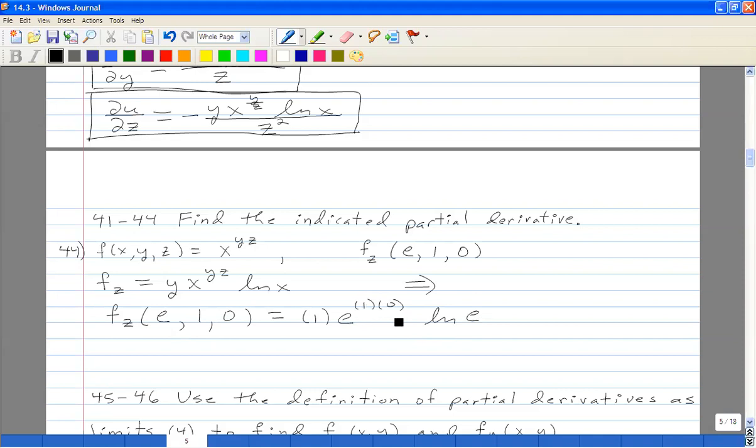So 1 times 0 is 0, e to the 0 is 1, times 1 is 1, ln e is 1, and so there's just a whole bunch of 1s you're multiplying. So this is equal to 1. And that is your answer.